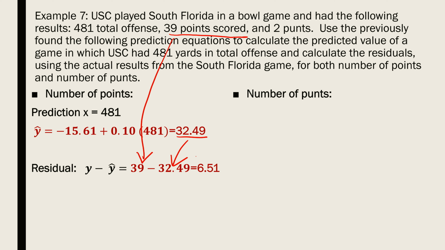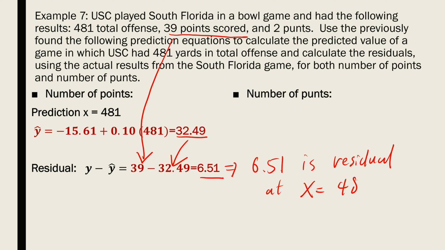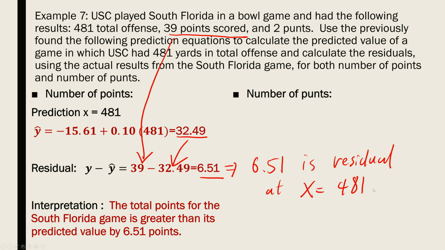The difference between these two numbers is the residual. 6.51 here is the residual. This means the total points for the South Florida game is greater than its predicted value by 6.51 points.